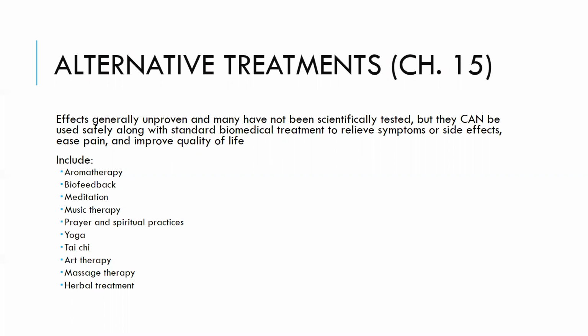That being said, complementary and alternative treatments may be helpful in terms of relieving symptoms or easing pain, improving quality of life. And so these pieces may be added on, but they should not be used standalone versus something like a surgery for cancer.